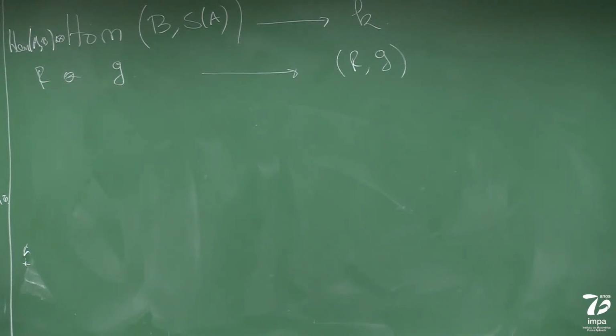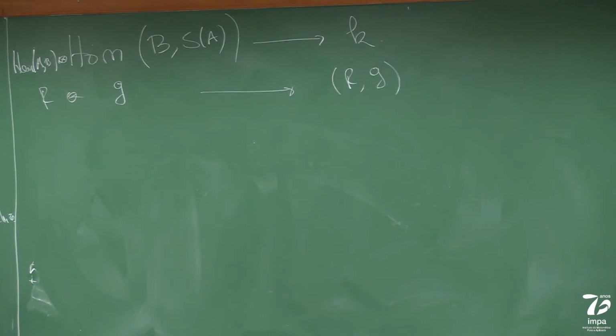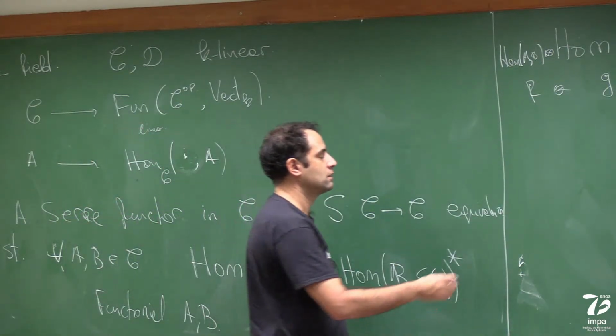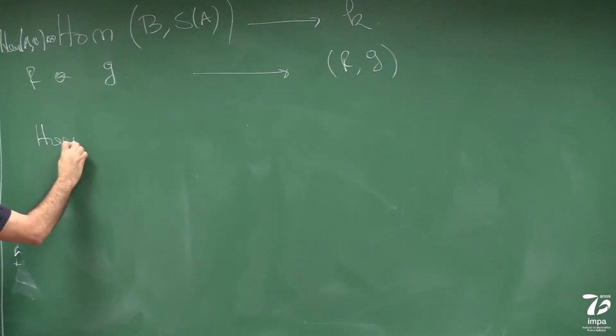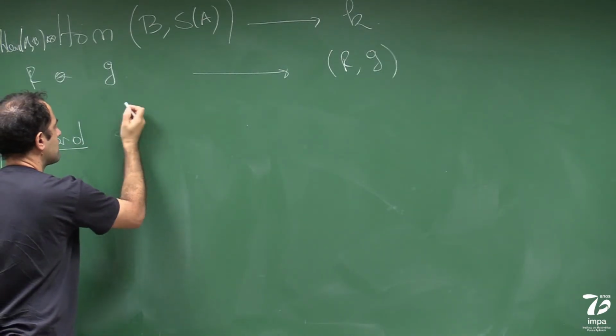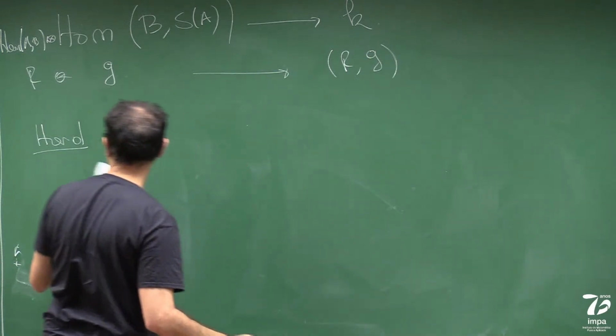Now, of course, it's going to be very hard to find these Serre functors unless these Hom spaces are finite dimensional. So it's very hard and probably impossible to find Serre functors. Existence of Serre functors is hard to prove.